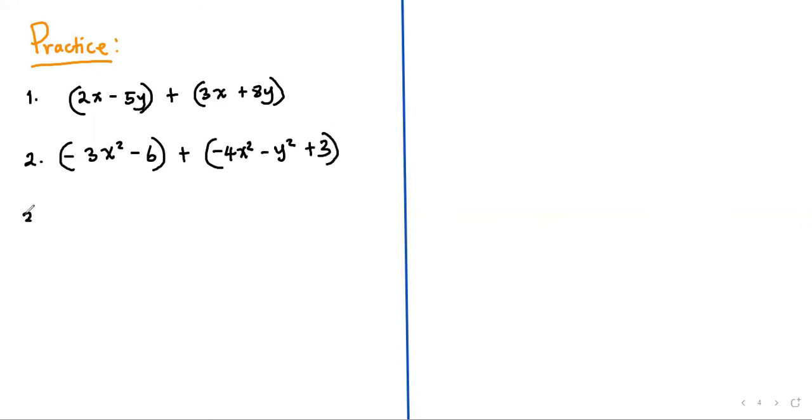Okay, and when you finish that, you also try this one, minus 5x minus 3y plus 8 plus negative 2x plus y minus 2z. Okay, do these 3 numbers for your practice.